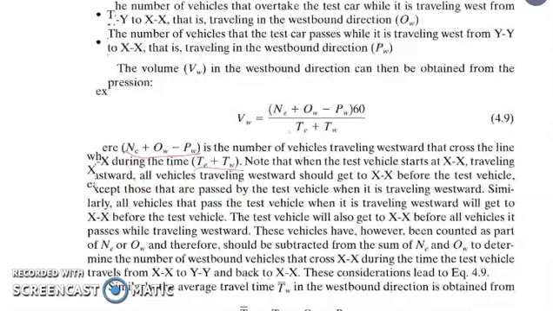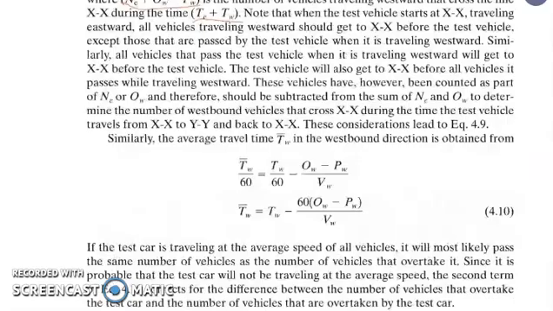And similarly, the average time T's of W in the westbound direction is obtained using this equation. So we have here bar T's of W is equal now to this equation. And you have to take note that this is if the test car is traveling at the average speed of all vehicles, it will most likely pass the same number of vehicles as the number of vehicles that overtake it.